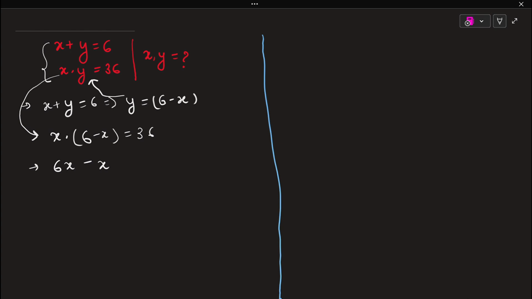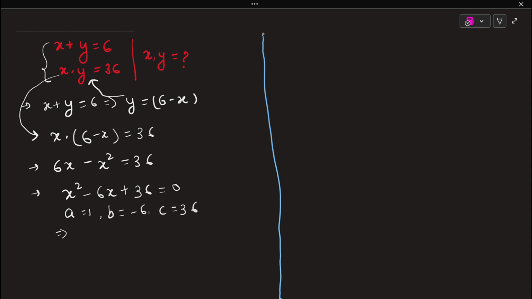6x minus x squared equals 36, so x squared minus 6x plus 36 equals 0. Here a is equal to 1, b is equal to minus 6, c is 36.